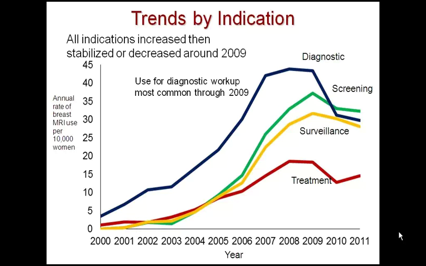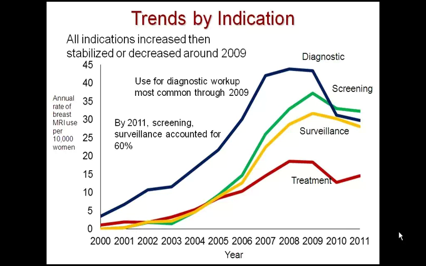And then in 2009, there was a pretty steep decline in diagnostic use. Screening and surveillance kind of mirror each other, and together they account for about 60% of all breast MRIs in 2011. So they overtake the diagnostic use.